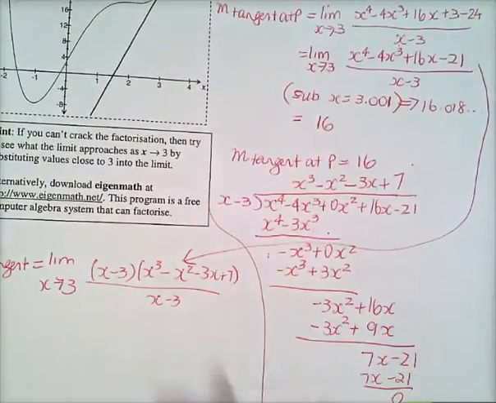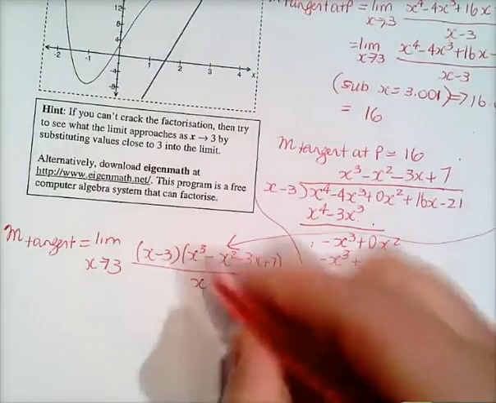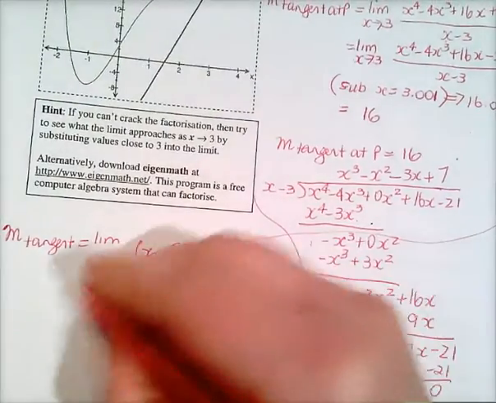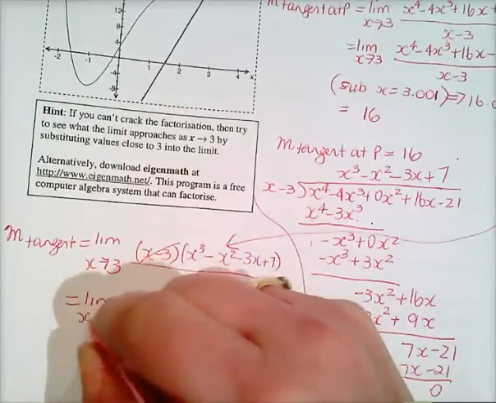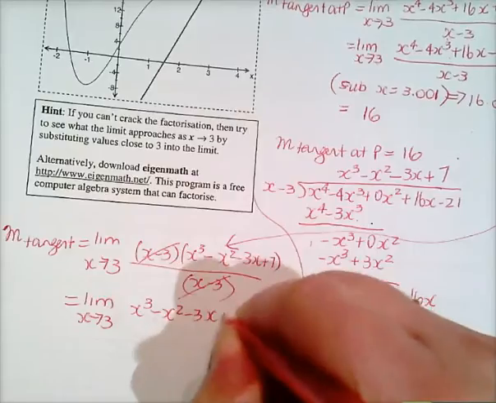Now, I don't need to do any more of the factorization here because the x minus 3's cancel. So it's the limit as x approaches 3 of x cubed minus x squared minus 3x plus 7.